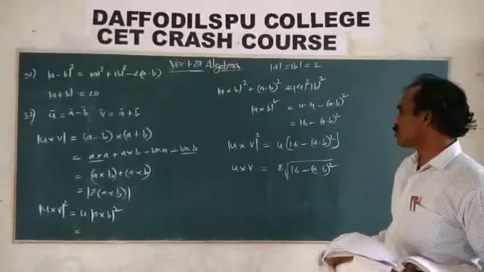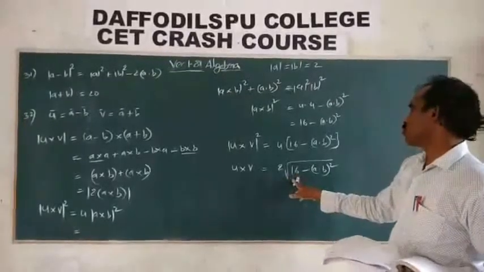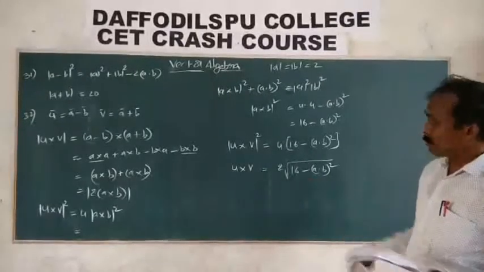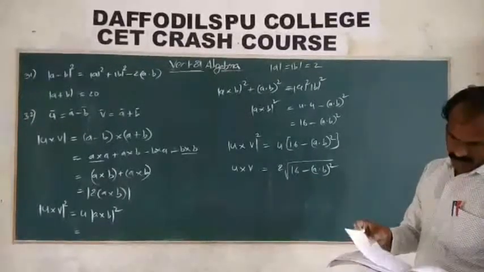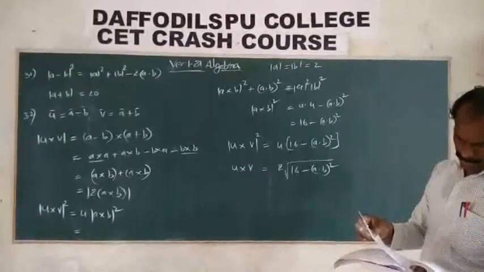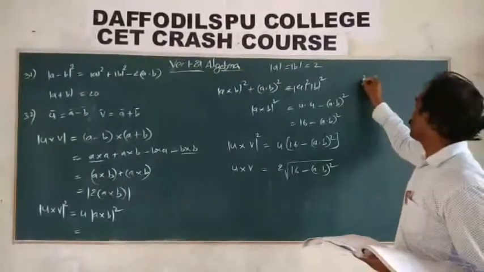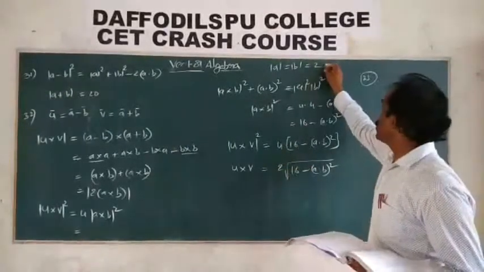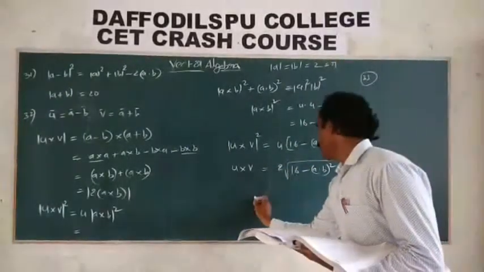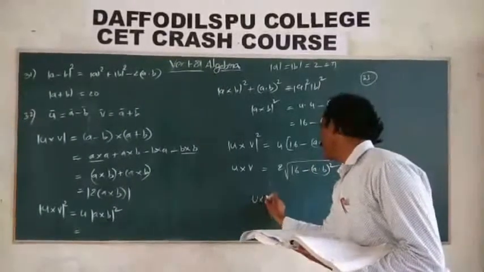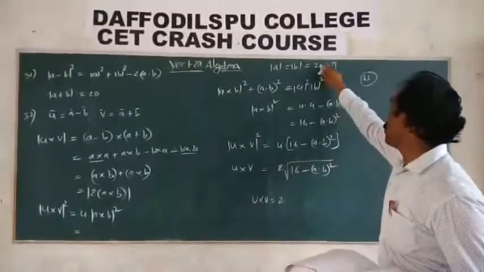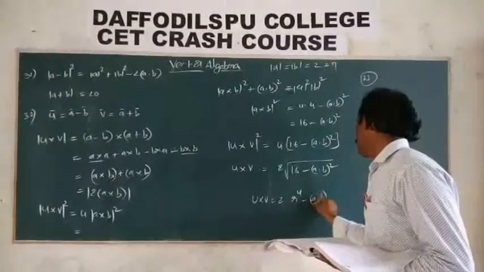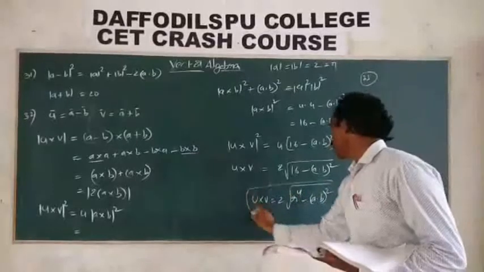Generally this value is equal to 2 times root of r square minus a dot b whole square, that is the r power 4 formula for 33. If you remember this, in place of this we take r. Therefore, u cross b is equal to 2 times root of 2 power 4, 16, that is r power 4, minus a dot b whole square. This also is like a formula.